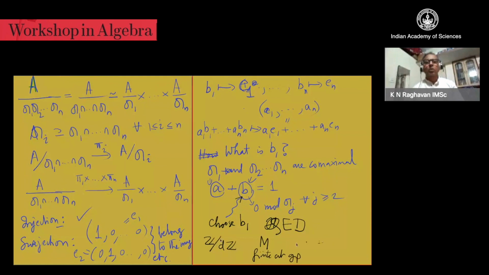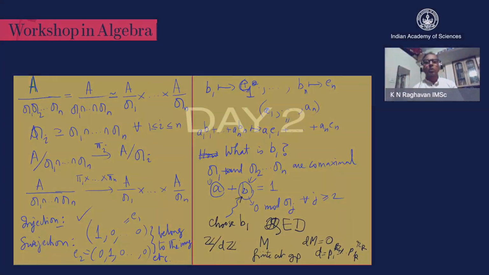Once you've done that, you have this decomposition of d by the fundamental theorem of arithmetic, p1 to the r1 ... pk to the rk, and then you apply the Chinese remainder theorem to say that this ring is the product of Z mod p1 to the r1 cross ... cross Z mod pk to the rk. And from there we get the primary decomposition of M.